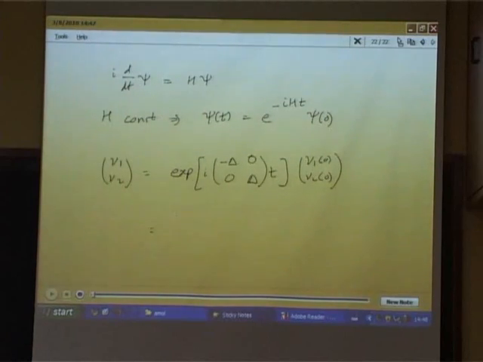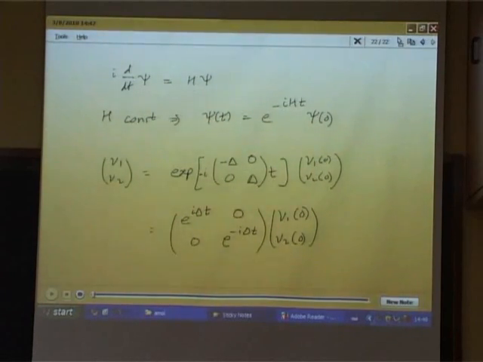So this is simply equal to the matrix e power i delta t, e power minus i delta t, 0, 0. Because we had a diagonal matrix, it's very simple to exponentiate.